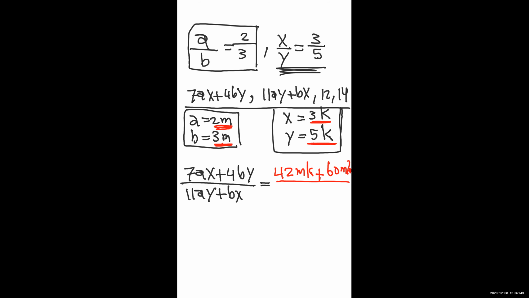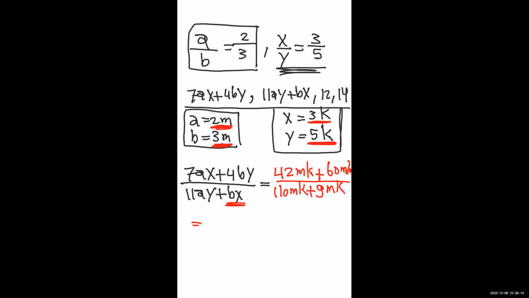Over 11AY, A is 2m, Y is 5k, so 2 times 5, 10mk times 11, 110mk, plus BX. B is 3m, X is 3k, so 9mk.